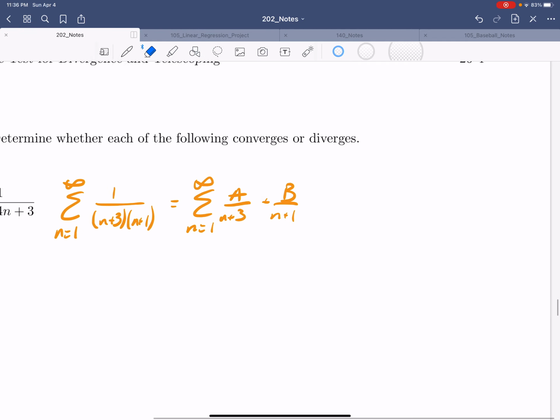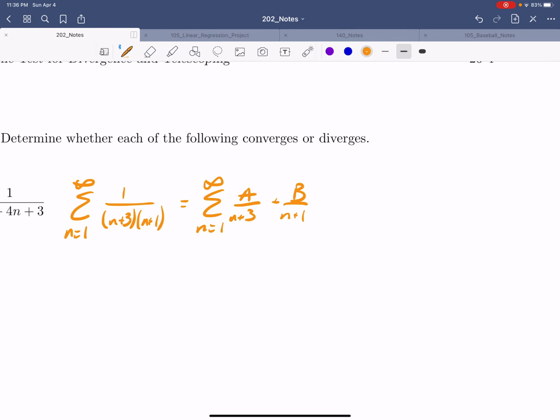There we go. Anyway, off to the side, you can see that this is going to be a(n plus 1) plus b(n plus 3) equals 1. Letting n equal negative 1 gives us 2b equals 1, b equals 1 half.